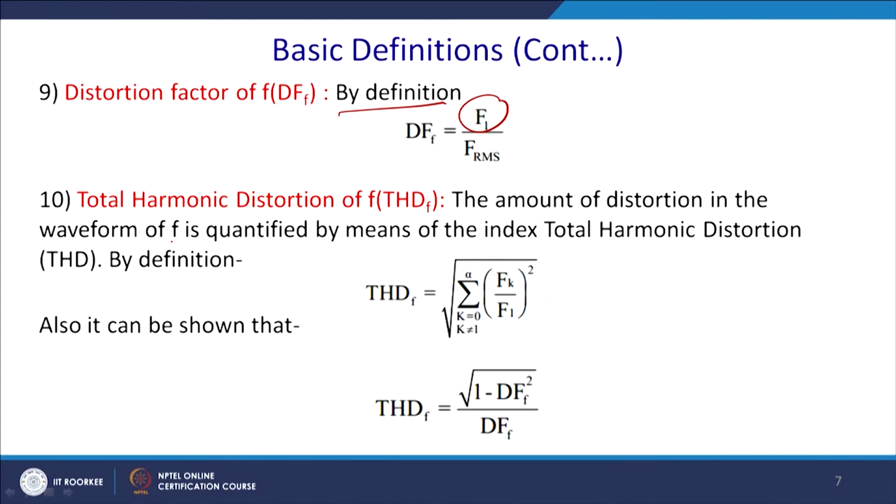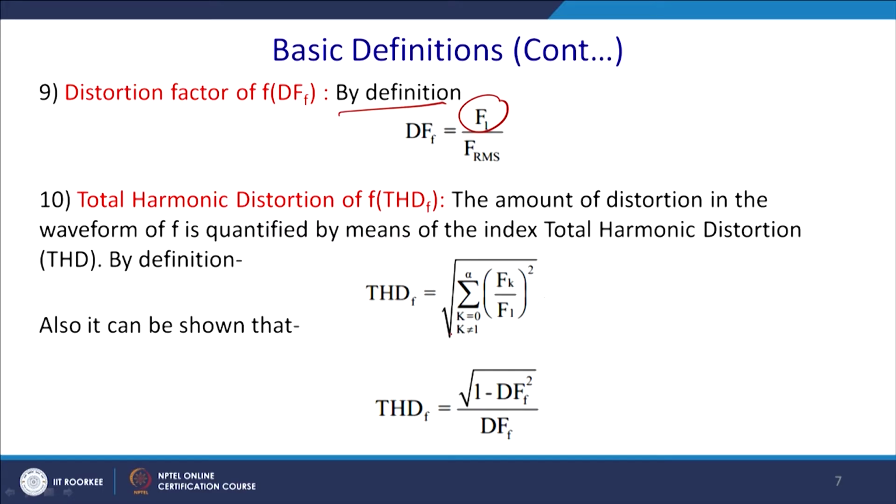IEEE practices say that THD of the input current or anything is required to be within a specified limit. The amount of distortion in the waveform f is quantified by means of an index. Total harmonic distortion is given by THD equal to the square root of the sum from k equal to 2 to infinity of (Fk by F1) square.